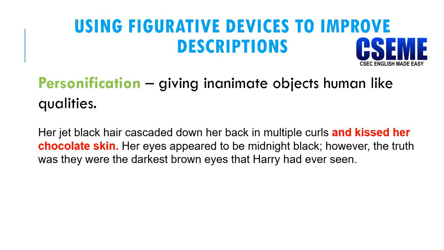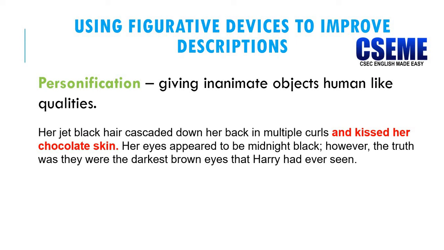In the description about Mary Beth, we see her jet black curly hair cascaded down her back in multiple curls and kissed her chocolate skin. Right here, we see where the writer has chosen to give Mary Beth's hair qualities that are assigned to humans.